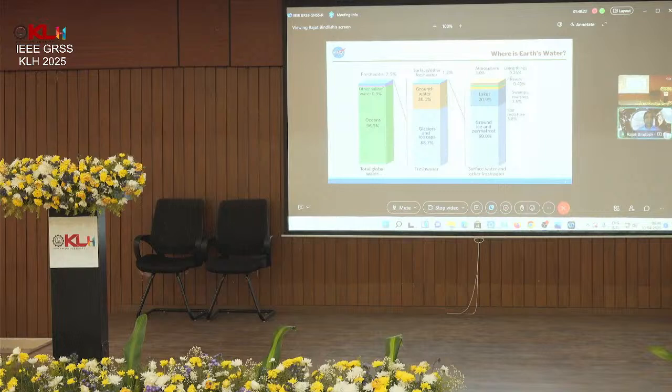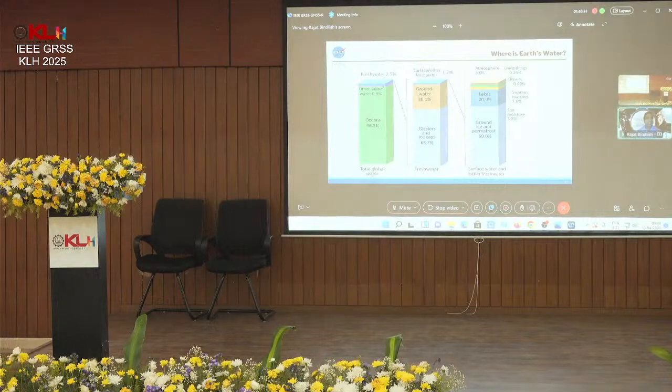And when you look at this 1.2 and break it down even further, a lot of it is in ice and permafrost, and then lakes are a big component. Rivers and soil moisture and other parts and atmosphere are less than 10% of the fresh water that's there on the surface.